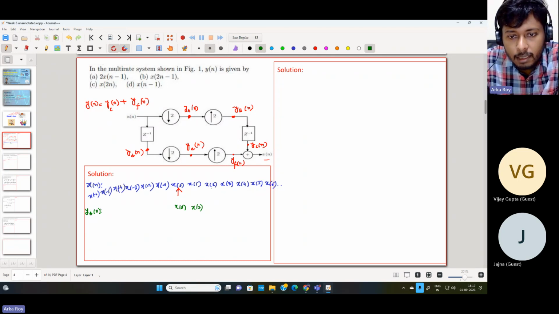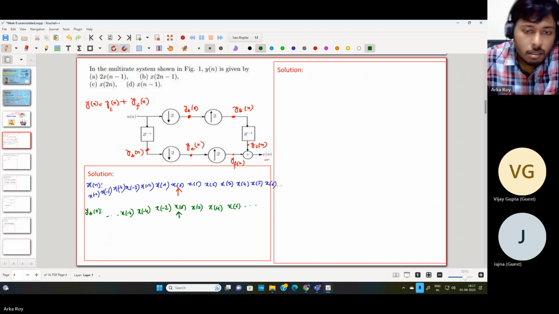That will come to position 1 in ya[n]. Thereafter we take x[4], then x[6], and so on. On the negative side likewise, x[-2], x[-4], x[-6], and so on. This is the origin.